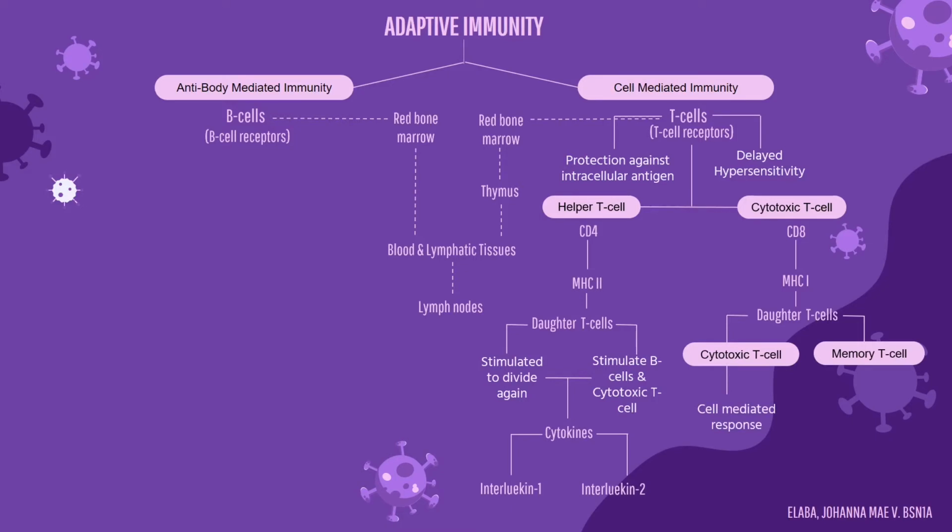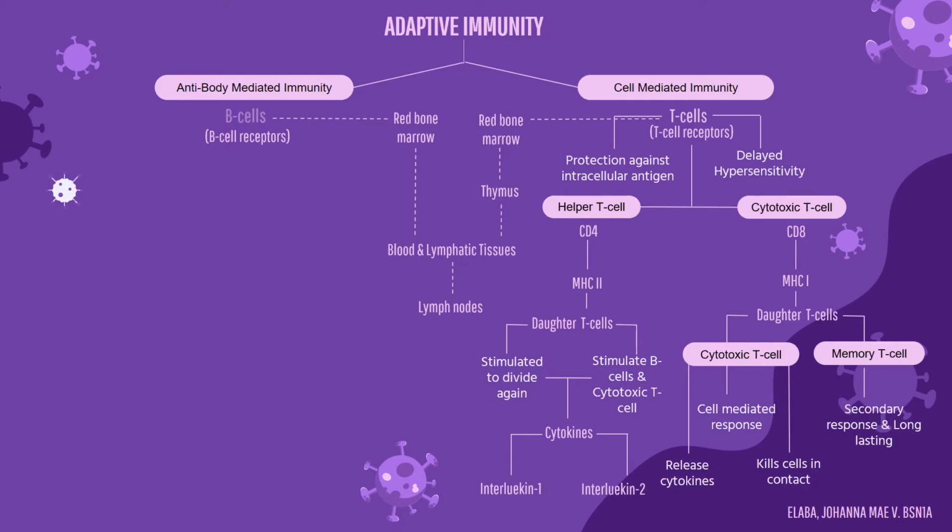The cytotoxic T cell is the primary response in the cell-mediated immunity, while the memory T cell is the secondary response and is long-lasting. The cytotoxic T cell can release cytokines and it kills cells on contact.